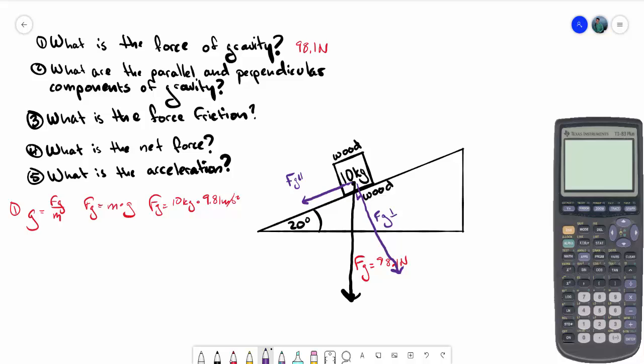Now the equations that we use to find the force of gravity parallel go as follows. Force of gravity parallel equals the force of gravity times sine theta. And to get the force of gravity perpendicular, we use force of gravity perpendicular is equal to force of gravity cosine theta.